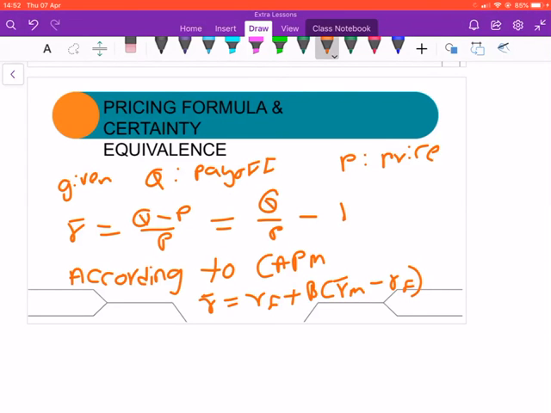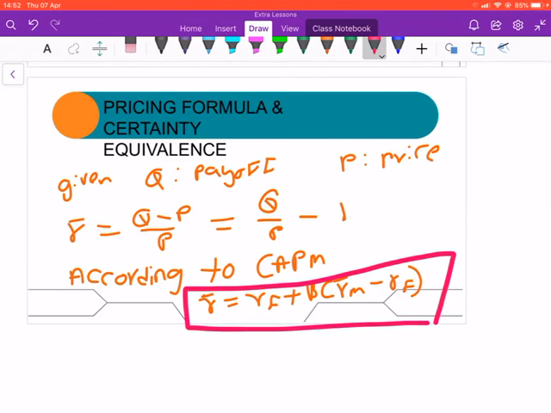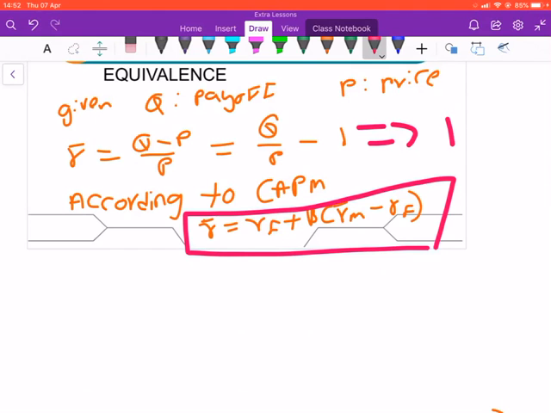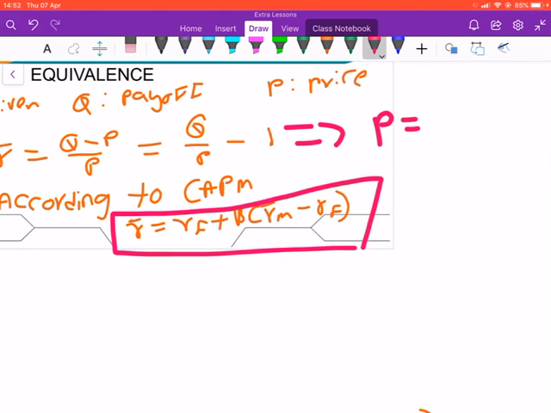So we are trying to use the concept of the capital asset pricing model in order to find a pricing formula, right? Now we know that according to CAPM, this RF is equal to this equation over here, right? So we can make P the subject of our equation, and then you'll find that P is going to be equal to the payoff over 1 plus the return, right?